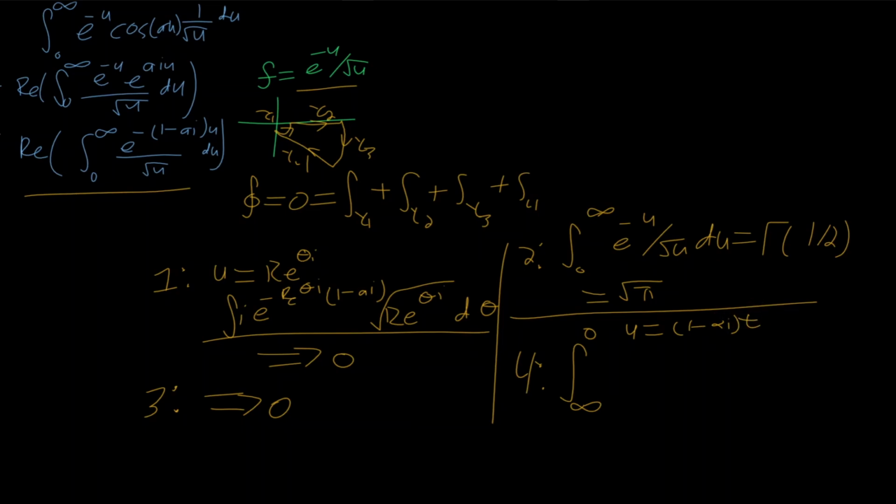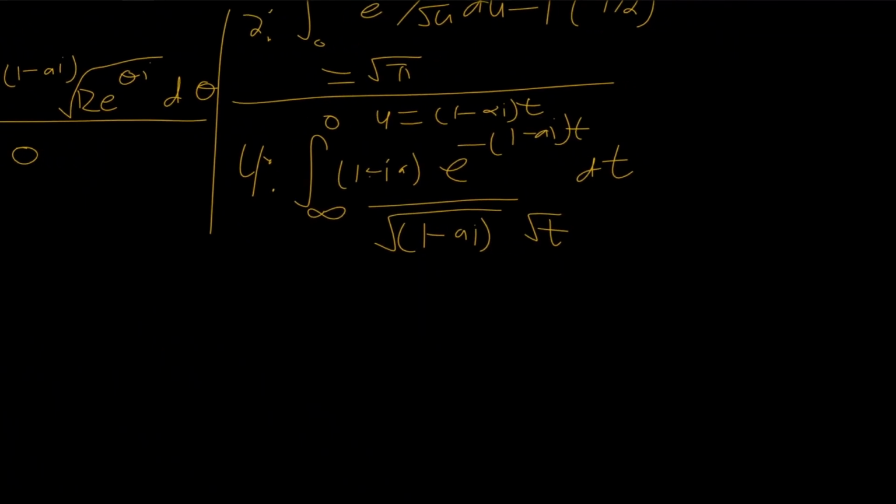And what we get is, I'll do the dt first, so we have 1 minus ai, 1 minus, or ia, it doesn't really matter the order, and then times e to the minus 1 minus ai t dt, and then divided by the square root of 1 minus ai, and then the square root of t. I'm just separating those terms out real fast.